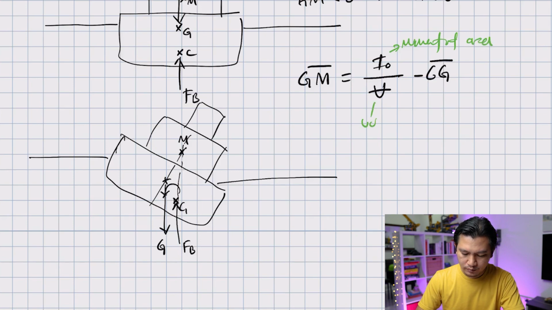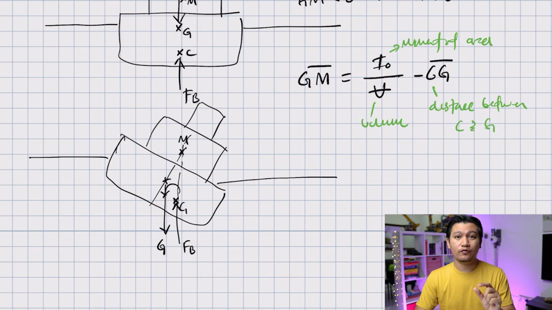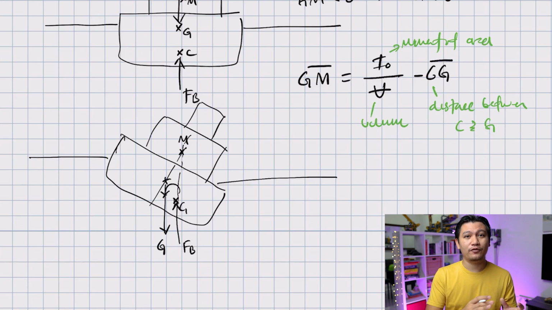This is volume, and this is the distance between C and G. Remember, C is the center of buoyancy, which means that C is the center of the displaced fluid, and G is the centroid of the object, or the center of gravity of the object.